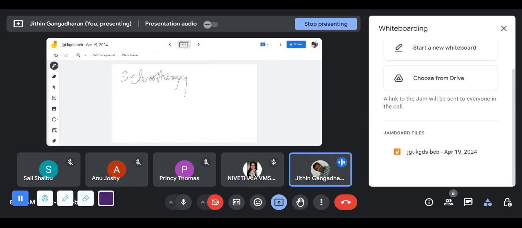So what is done in sclerotherapy? The doctor injects the varicose vein with a solution that scars and closes them. That is sclerotherapy. A solution is injected into the vein to form a scar, and the vein closes by that. The second one is laser therapy.